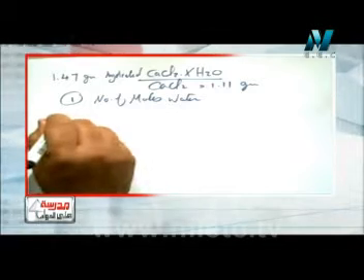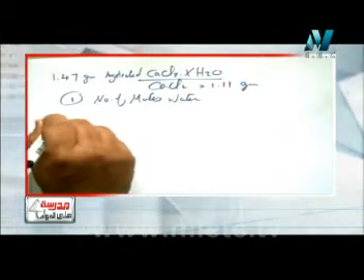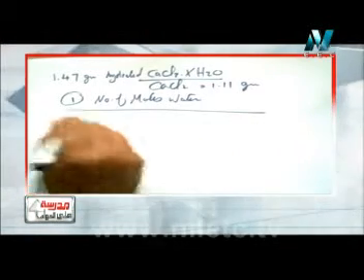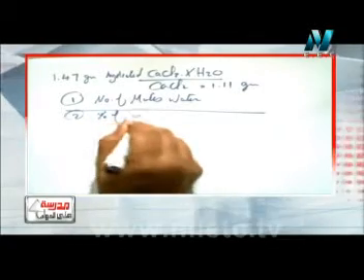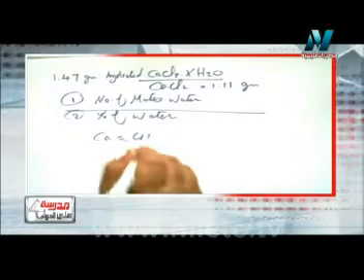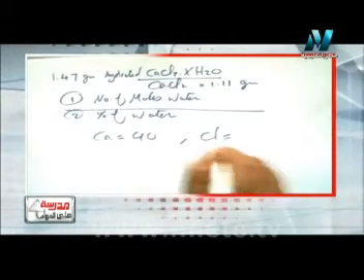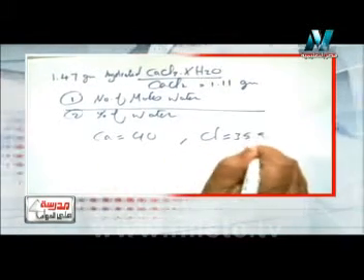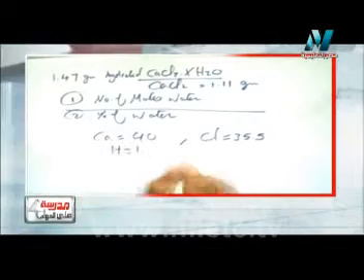Actually we can increase the requests and ask for the percentage of water of crystallization. Calcium is 40, chlorine 35.5, hydrogen 1, oxygen 16.